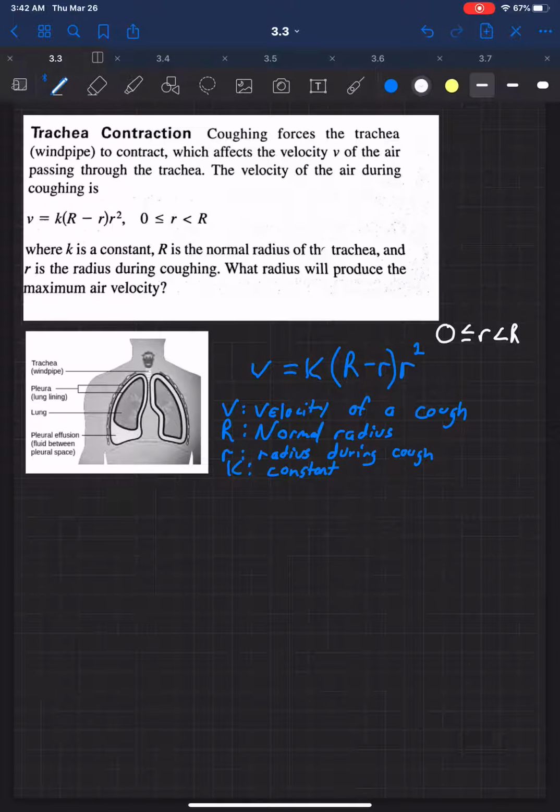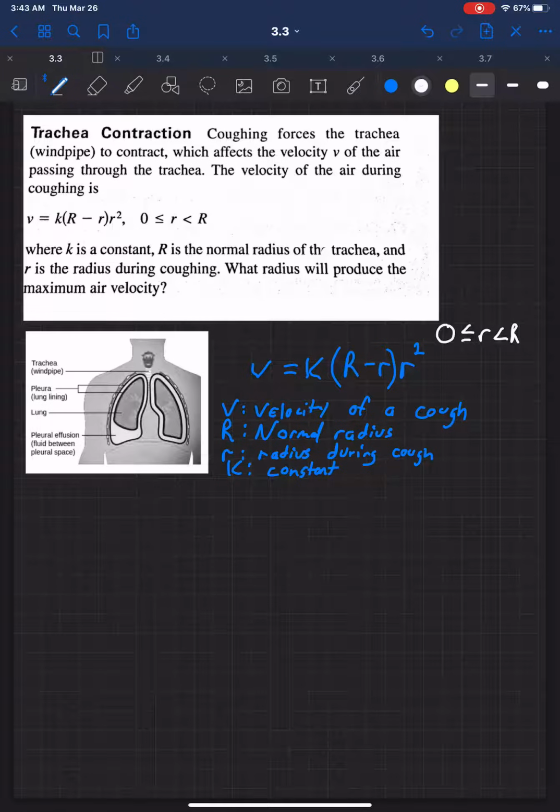If you were to contract all the way to 0, you would have 0 radius, and you would have 0 air leaving your lungs. But it doesn't have to contract all that way. In order to say that it contracts, it would have to be less than the normal radius of your trachea.